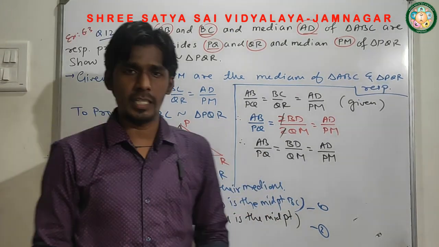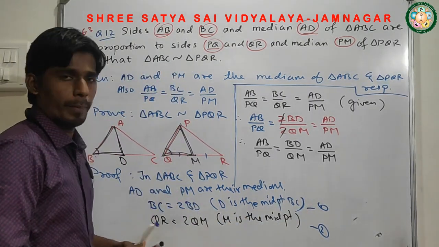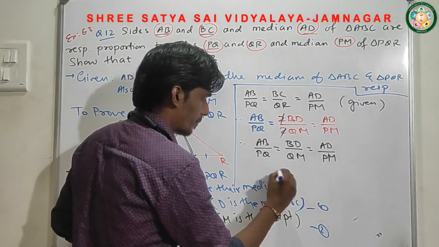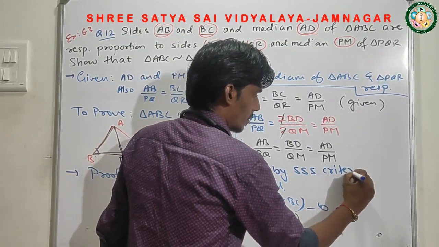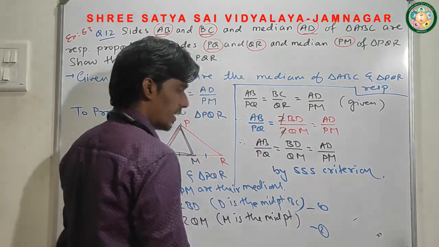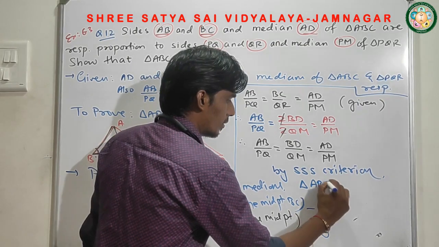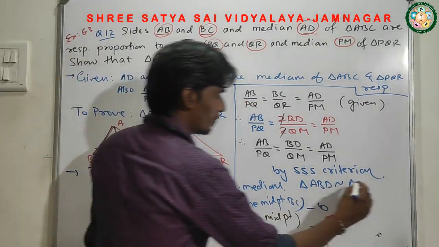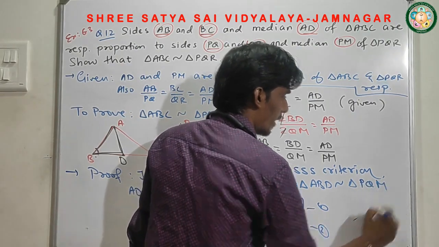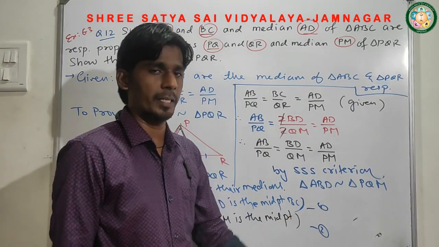So if all the sides are in proportion, I can say that these two triangles are similar by using side side side criteria. We can say that triangle ABD is similar to PQM by side criteria, because all sides are in proportion.